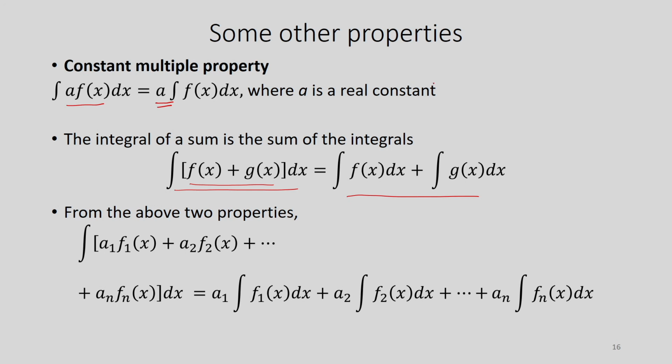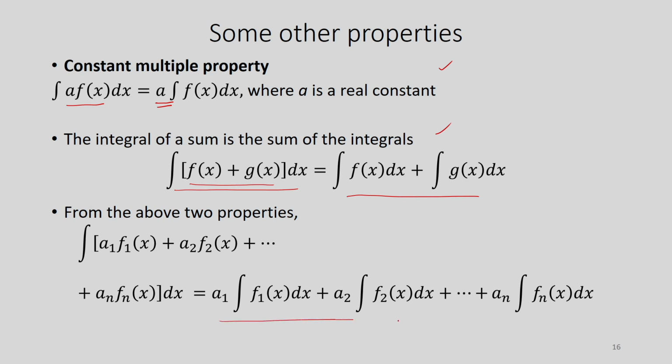And if we combine this property with this property, we get a third property, which is integration of a1 f1(x) plus a2 f2(x) plus so on, let us say the last term is an fn(x), and the whole thing dx.